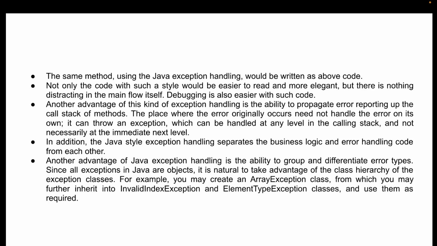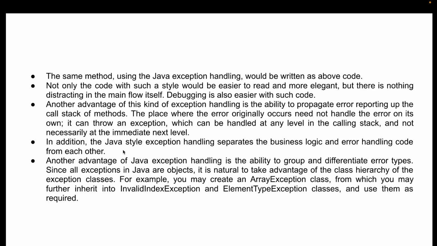Module 1 calls module 2, and module 2 calls module 3. So if at module 3 we got some error, that information should be propagated until module 1 as well. There is a mechanism for that, and that is known as exception propagation.